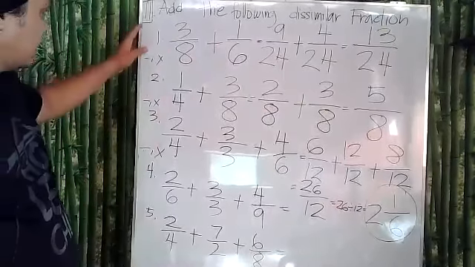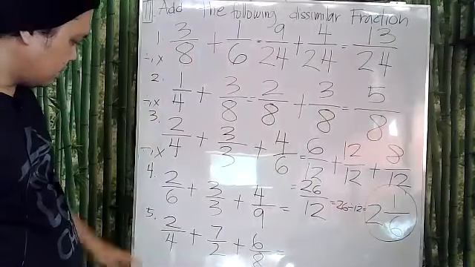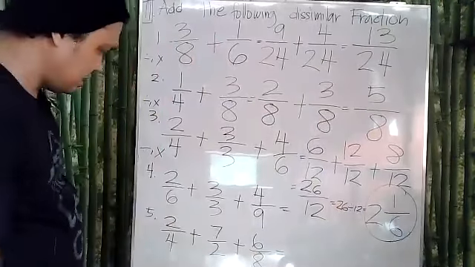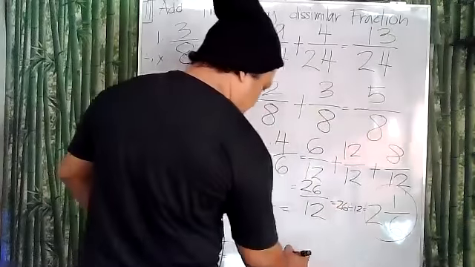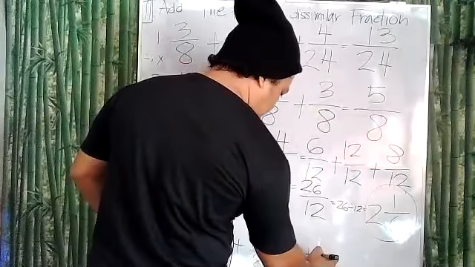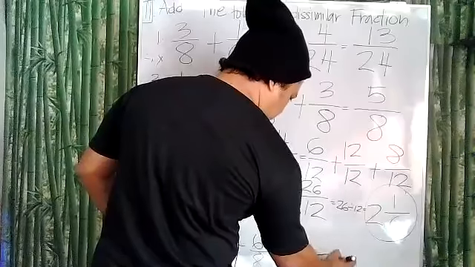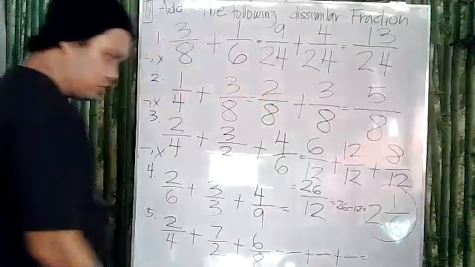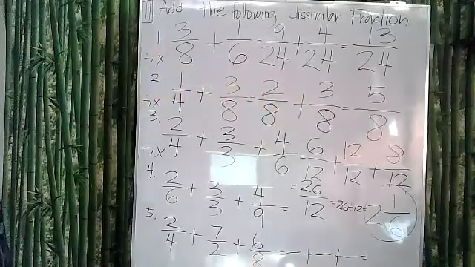for our test here, 2 fourths plus 7 halves plus 6 eighths. We are adding here similar fractions. And before we add them, we must change them first into similar fractions. Okay, so therefore we must get their LCD.